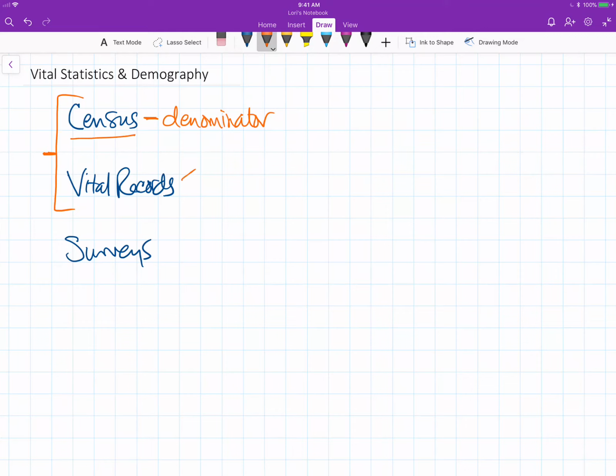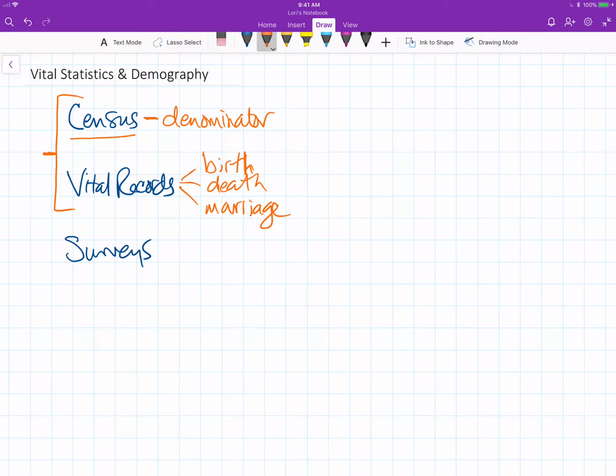With vital records, we're collecting three different things: birth, death, and marriage certificates. Again, we are trying to capture 100% of the births and deaths and marriages that happen in a particular location over time.